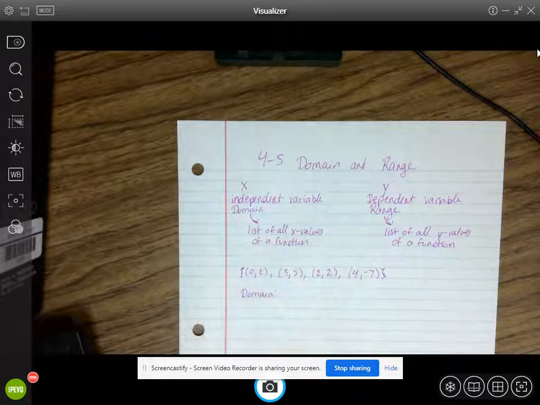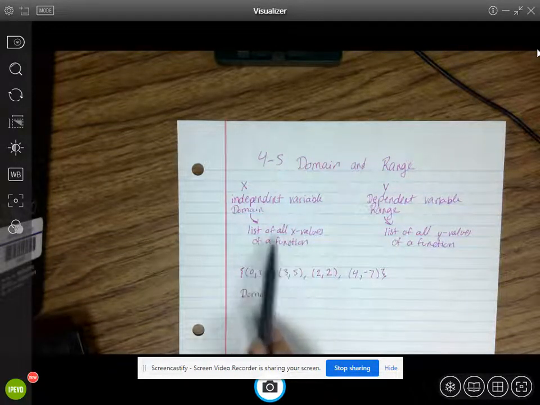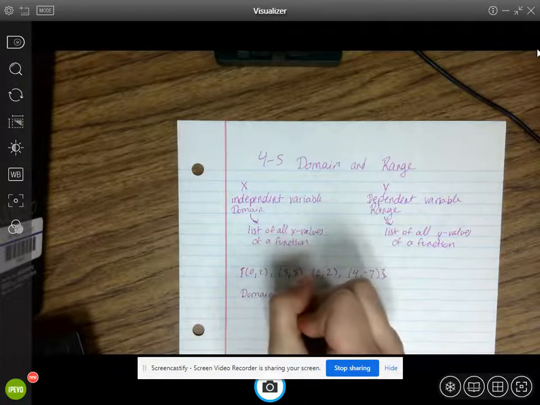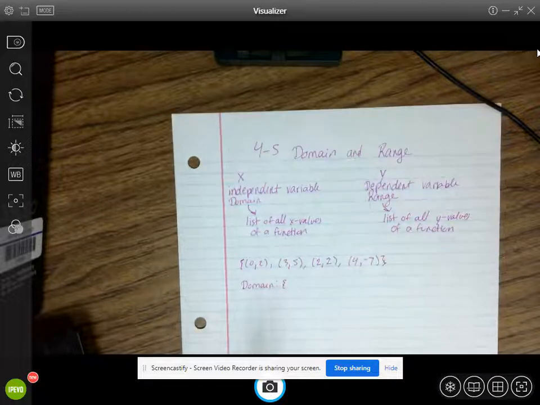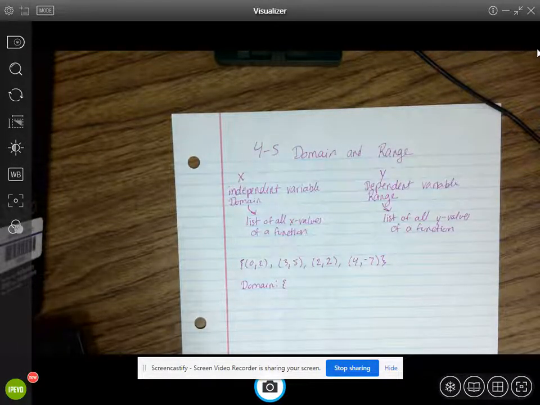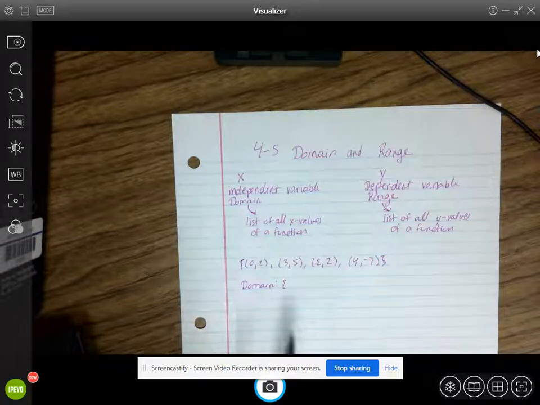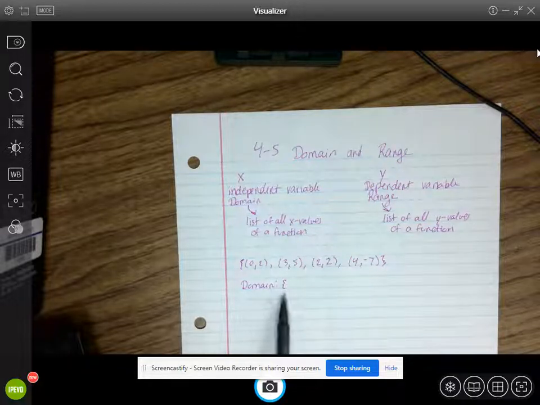The domain is simply list all of the X values. So we're going to use what are these squiggly brackets. They don't need to look pretty, but they're the squiggly brackets. If you look at your keyboard and look at your letter P, look next to that. The top squiggly brackets. So not the squared off brackets, but the top squiggly brackets. Get something like that, okay?